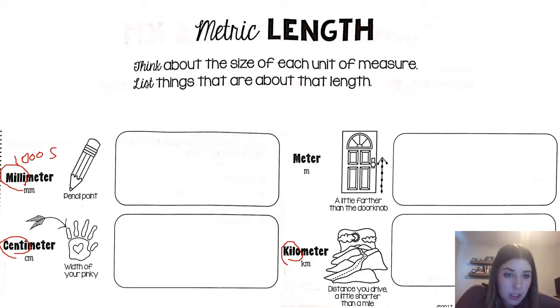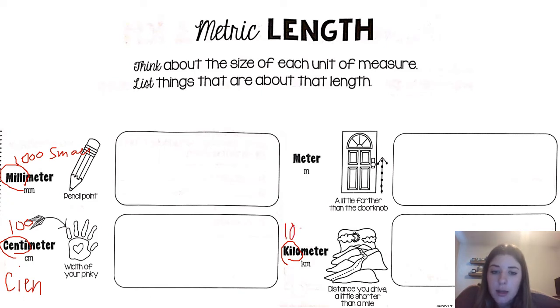A centimeter, centi, means 100, where you can think about the Spanish word for 100 is cien. So 100 centimeters fit in 1 meter. A kilometer, kilo, also means 1,000, but it's 1,000 times bigger than a meter.